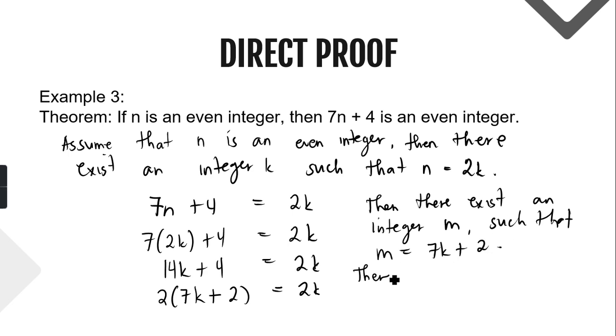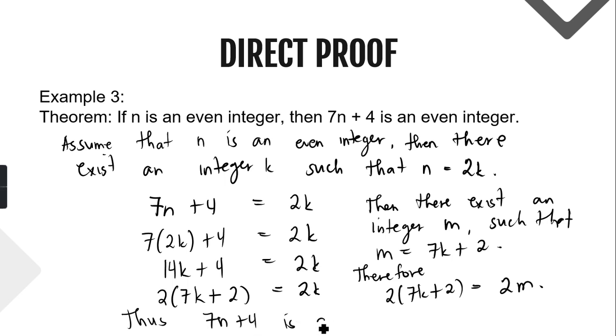Therefore, the quantity is equal to 2m. Thus, 7n plus 4 is an even integer. Ayan. So, tapos yung ating proof.